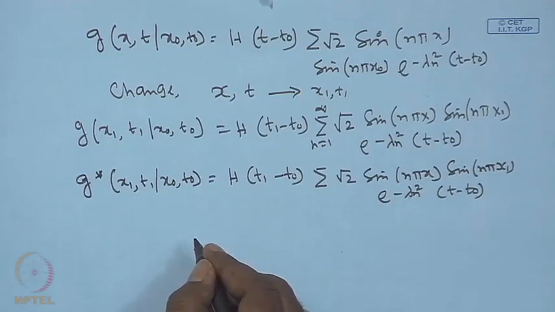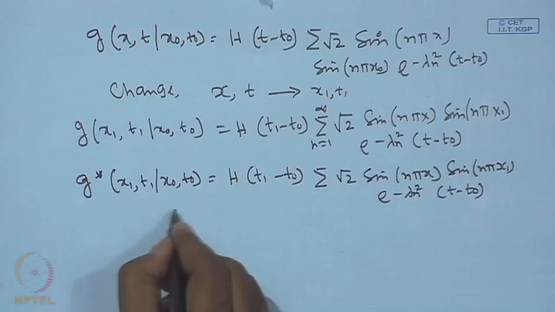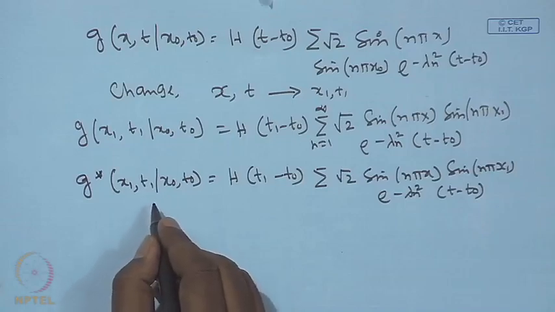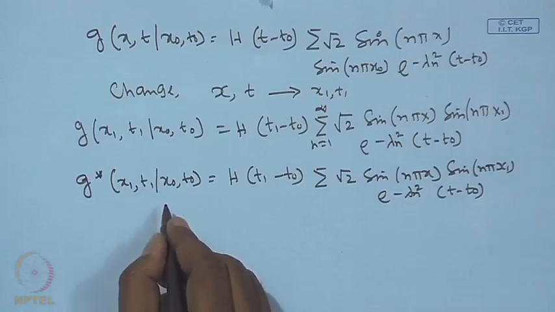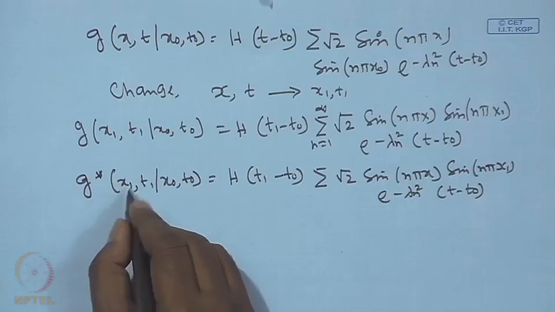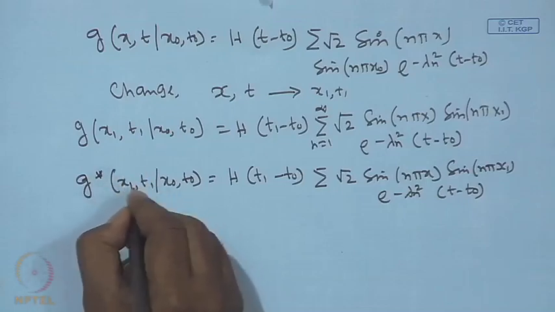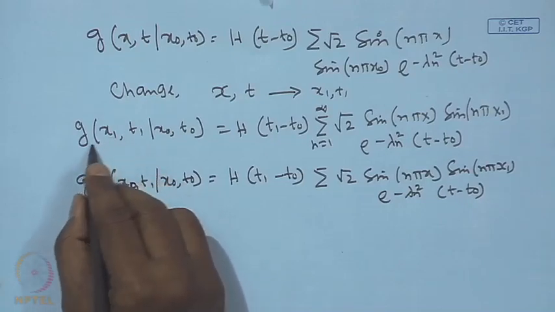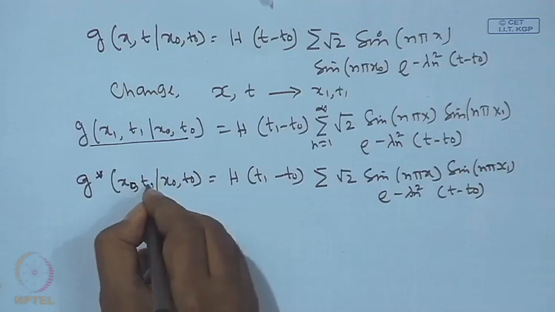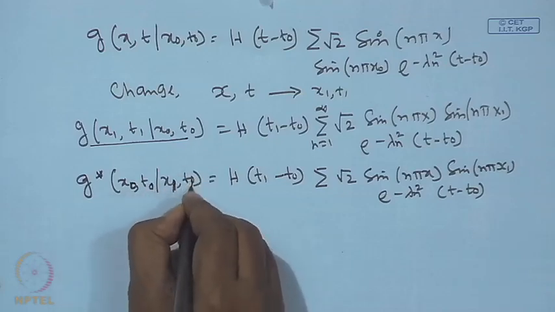Now, this is the same as G star (x 0 t 0, x 1 t 1).